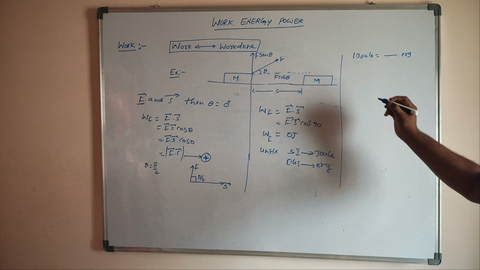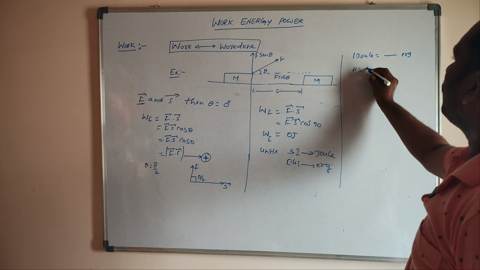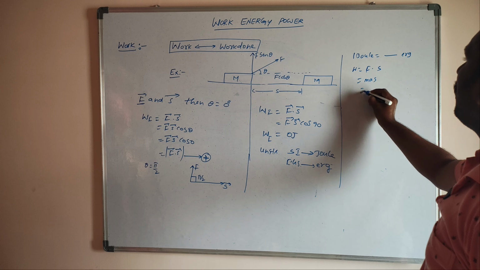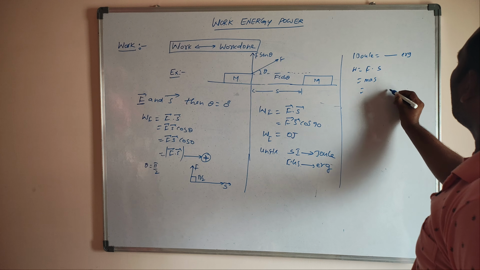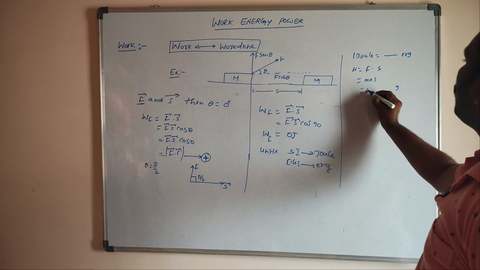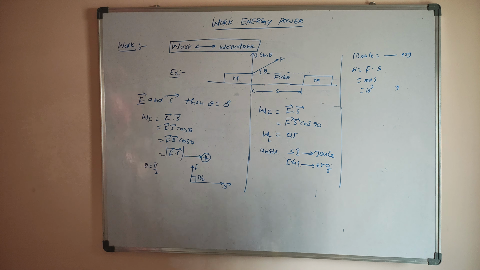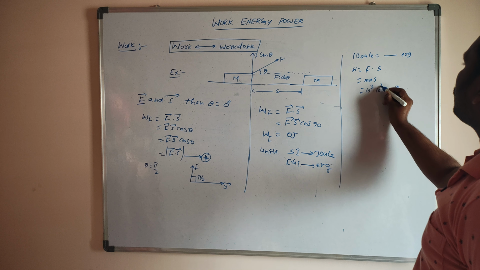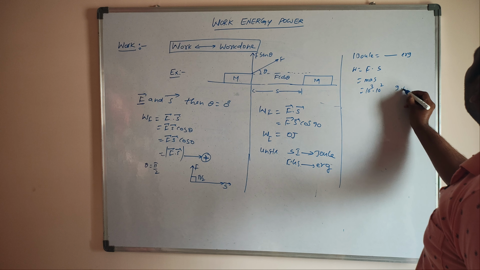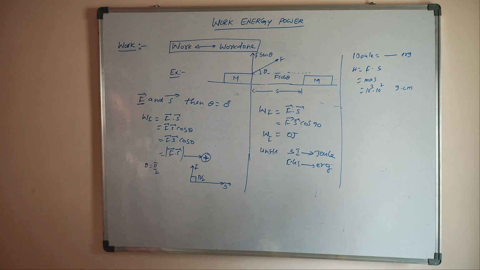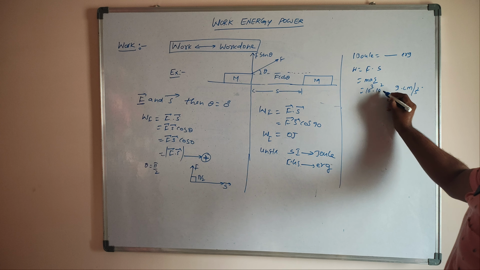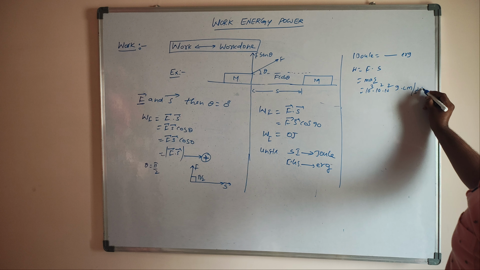Very simple, guys. We know what is meant by work done. Work done is equal to F into S. F means mass times acceleration, with mass 1 kg, in terms of grams I want. 1 kg is equal to how many grams, guys? 10 power 3. A means meter per second square, which is 10 power 2 centimeter per second square, and S means the displacement, once again 10 power 2 centimeters.